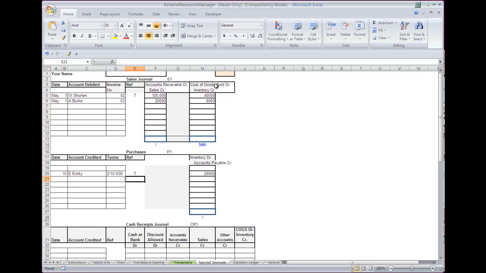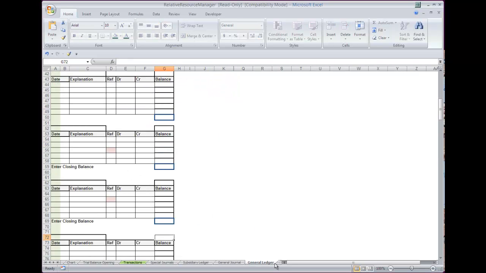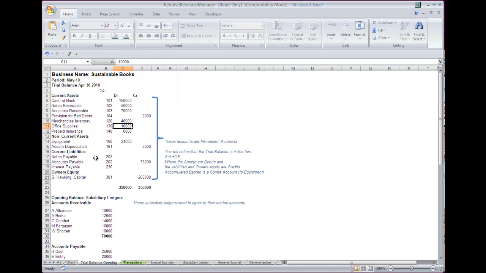So if you see cost of goods sold and inventory, we've already started this one. We can see we put in 500 because there's two entries. That indicates we've posted a cost of goods sold. And now we do slash, and you need to go to inventory, general ledger. Actually, I haven't put them in here yet, so we need to go general ledger inventory.